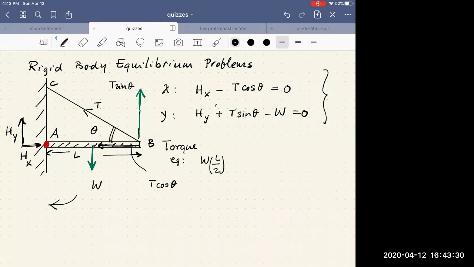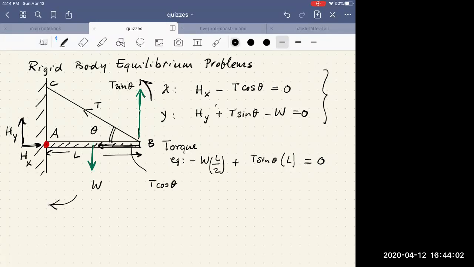So let's say clockwise is minus. And then you have T sine of theta, and that's at a distance L from A. And this would generate a torque, if you will, in this direction, which would be counterclockwise. So let's call it plus. And then the net torque should be 0 for equilibrium.